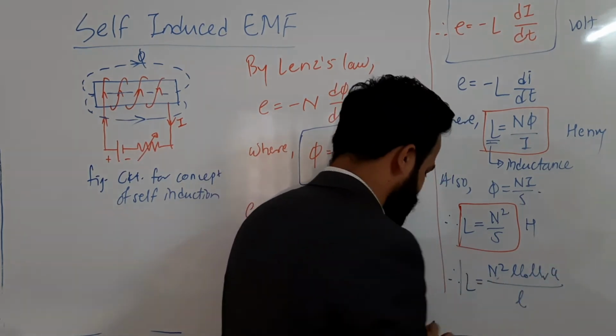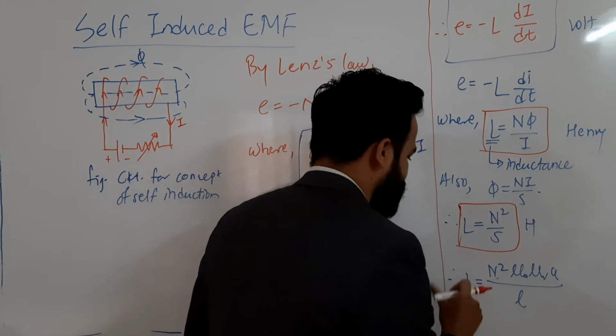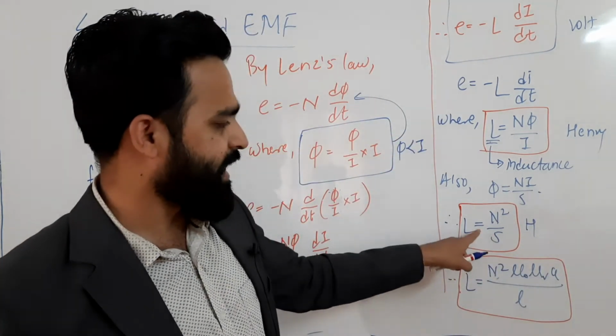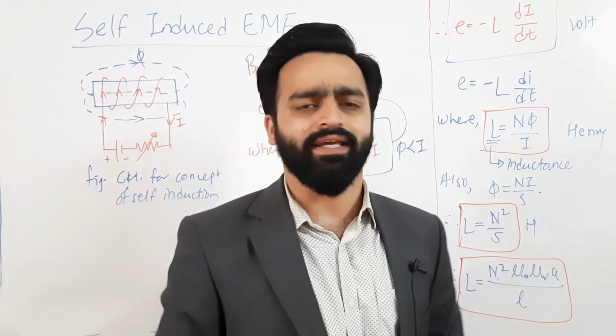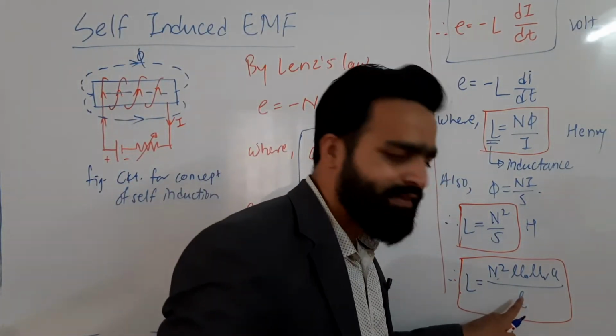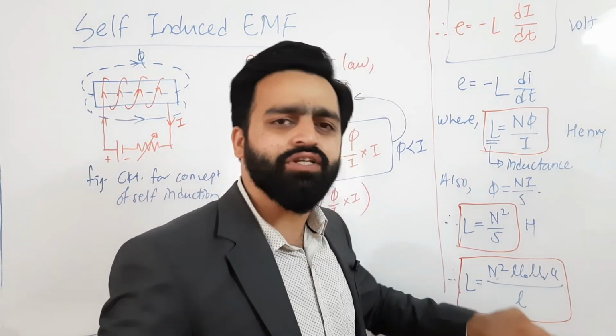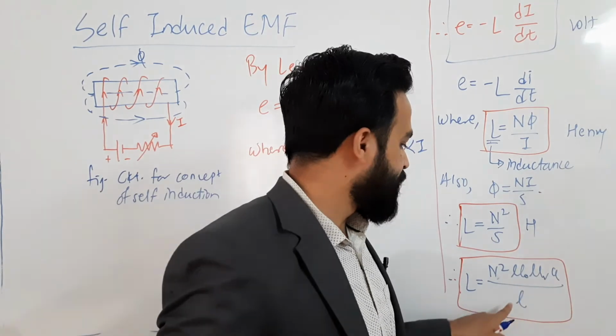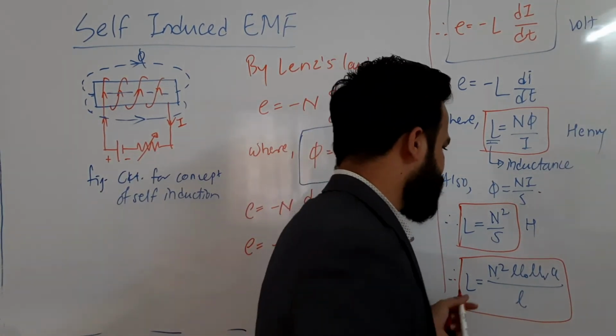How did I obtain this equation? I obtained it by using the equation of S. What is S? S is reluctance and S is equal to l upon mu 0 mu r A. So with l upon mu 0 mu r A in the denominator, the denominator's denominator becomes numerator. So mu 0 mu r A are shifted to the numerator and in the denominator there is l. So this is the equation of L.